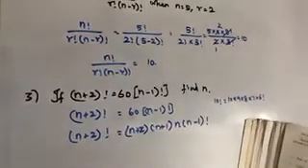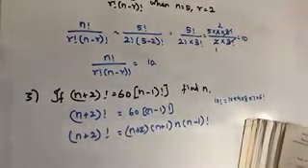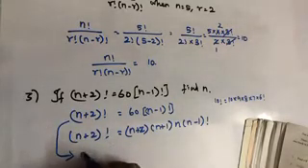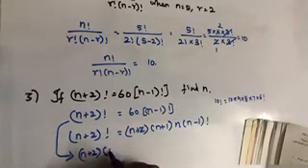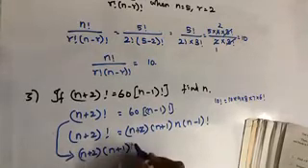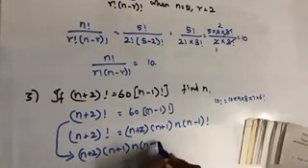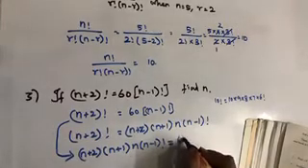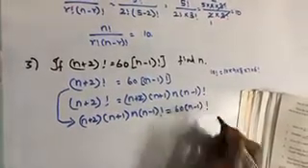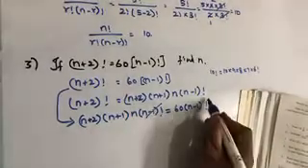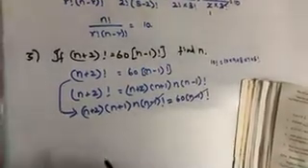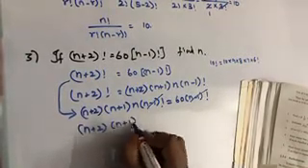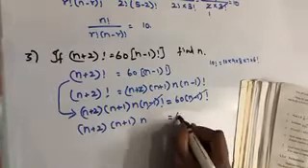So here this equation becomes n plus 2 into n plus 1 into n minus 1 factorial is equal to 60 into n minus 1 factorial. Both the sides I cancel n minus 1 factorial. So n plus 2 into n plus 1 into n is equal to 60.